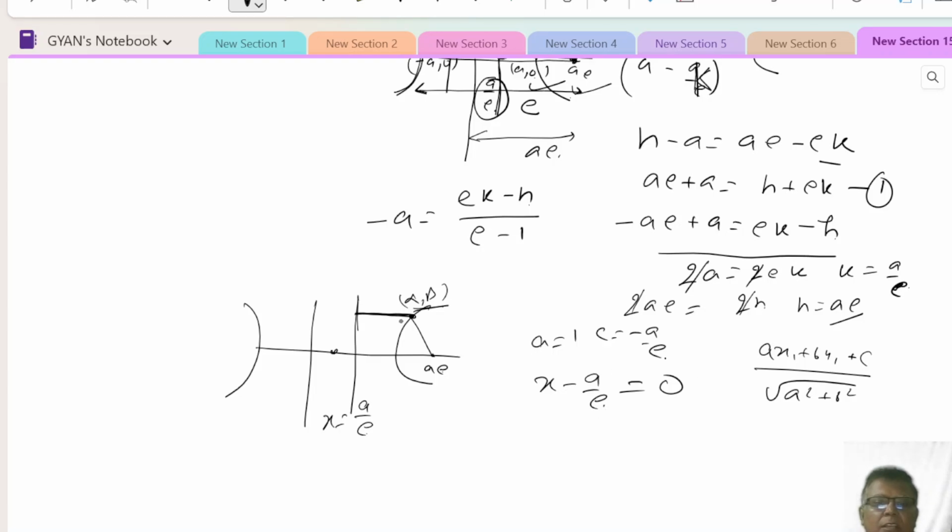So x is alpha and beta. So alpha minus A by E divided by root over a square plus b square. So 1 square because b square is not there. B square is 0. So this is equal to this divided by this length. What is this length?